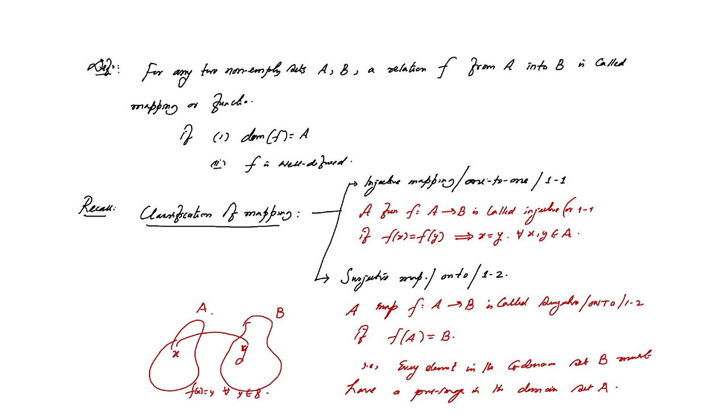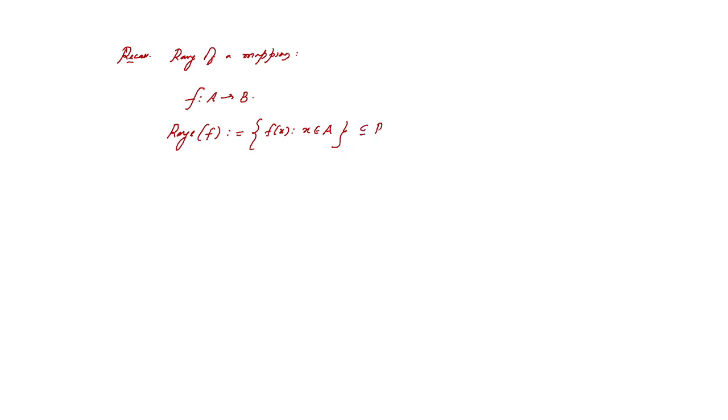There is another concept called the range of a map. Now we come to this important concept, the range of a mapping. Consider f is a mapping from A to B, then the range of f is all such f(x) such that x belongs to A. This is the definition of range of f, and it is always a subset of the codomain.